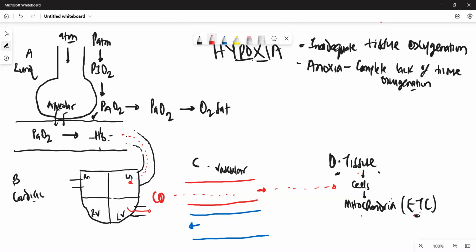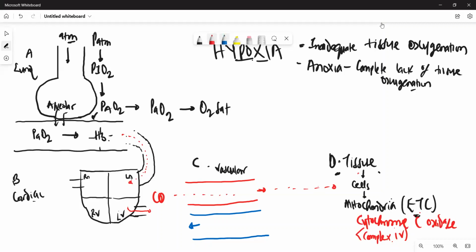And we're talking about cytochrome C oxidase, who is going to be using the oxygen, which on some tests is also called complex 4. It is present in the electron transport chain, and it uses the oxygen to make ATP for the body.